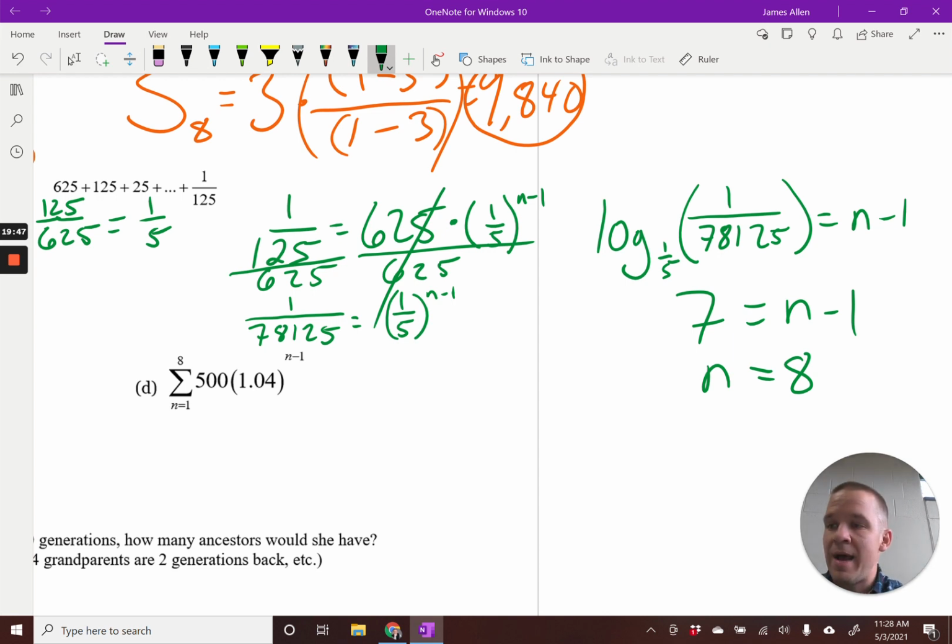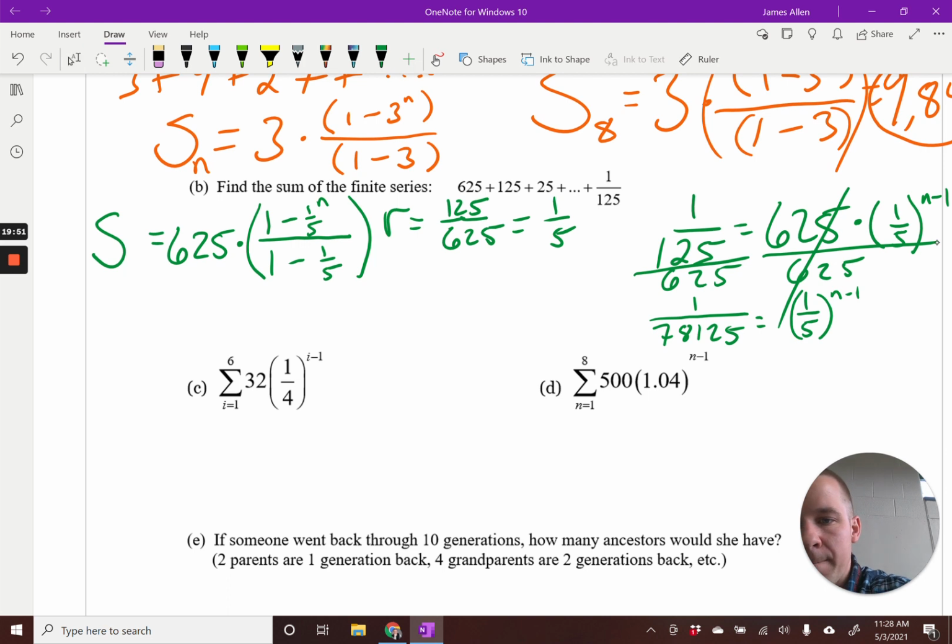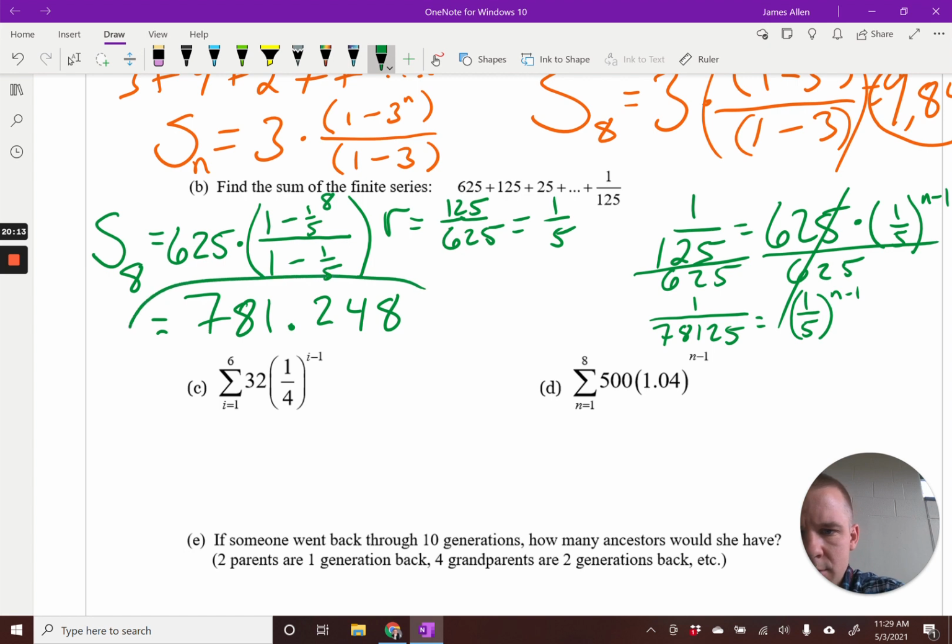Hey, that wasn't too bad, right? Got my n. Now I can substitute that in. Now I can plug that whole right-hand side into my calculator, and we end up getting 781.248. There's my sum. Cool.